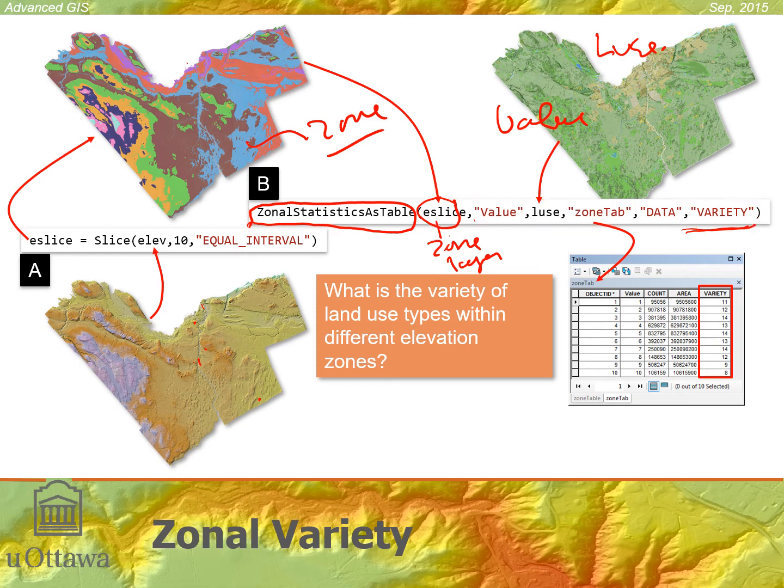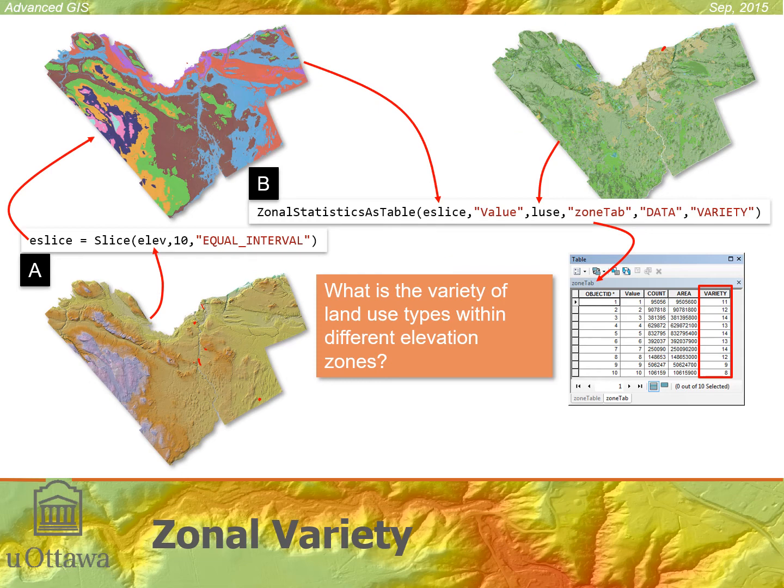So once that runs, it outputs a table. The table has the value, and that's coming from here, 1 to 10, because each slice is going to 10, so I have 1 to 10.